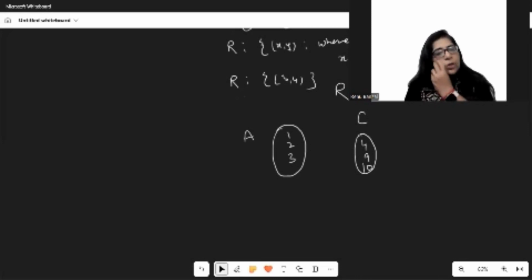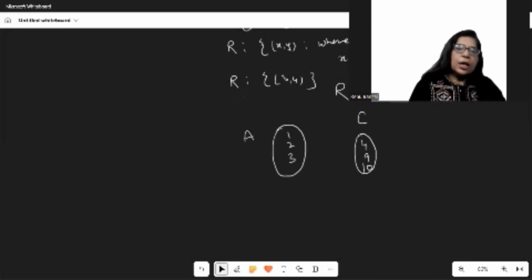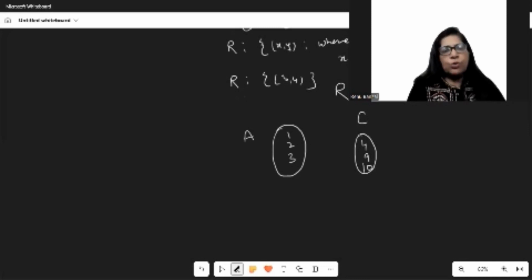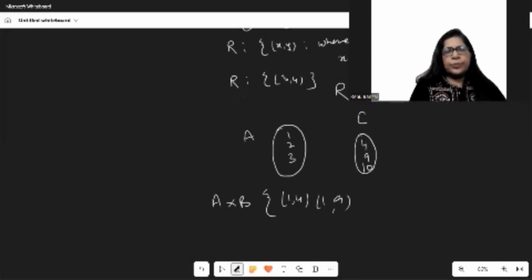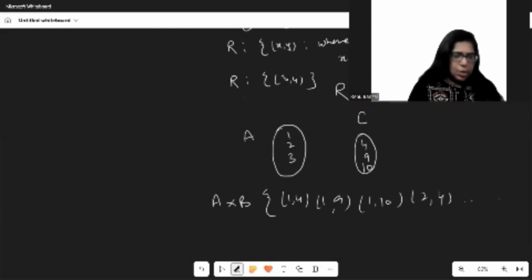If we make the Cartesian product for A to C, you can make all pairs: 1 and 4, 1 and 9, 1 and 10, then 2, 4, and so on till 2, 3, 10.